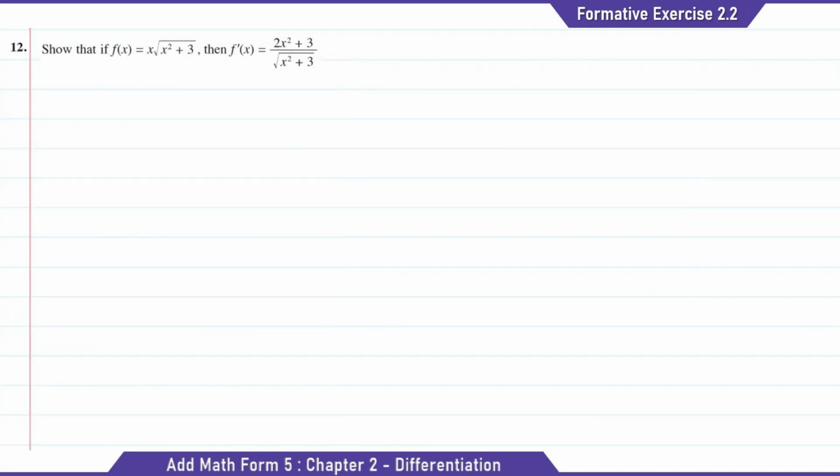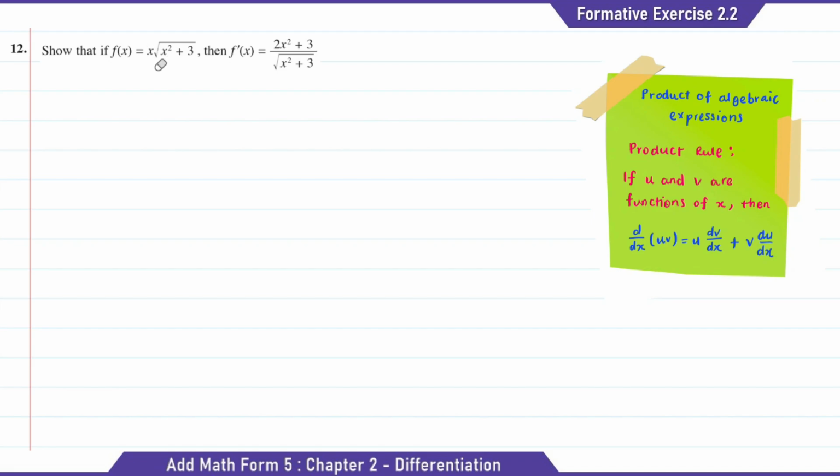Question 12. Show that if f of x is equal to x times square root of x squared plus 3, then the first derivative of f is equal to 2x squared plus 3 over square root of x squared plus 3. As this is the product of algebraic expressions, to find the first derivative, we're going to use the product rule.